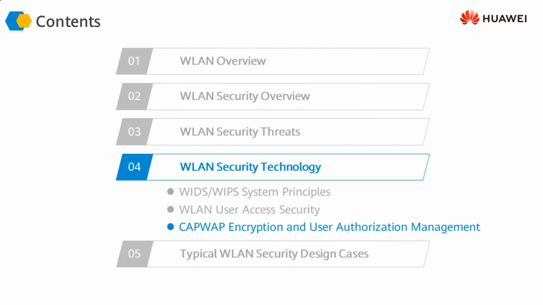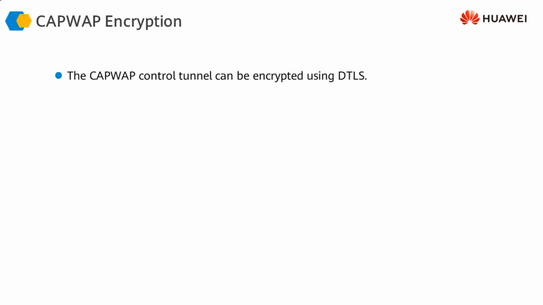So finally we come to the last part of these wireless LAN security technologies, which is CAPWAP encryption and user authorization management. This is the portion where we look at the security techniques we implement between the access point and the access controller. The CAPWAP control tunnel can be encrypted using DTLS.